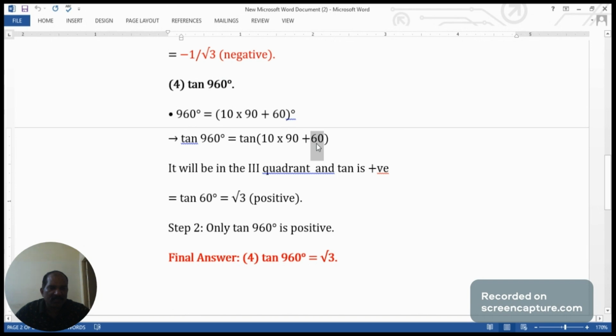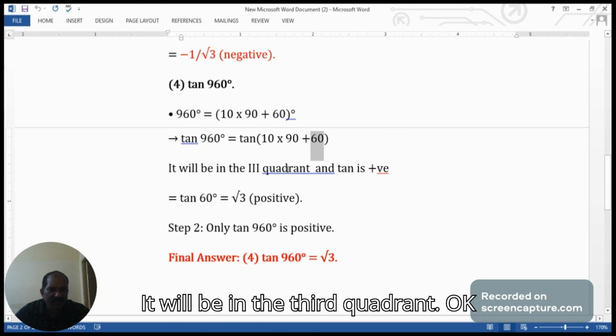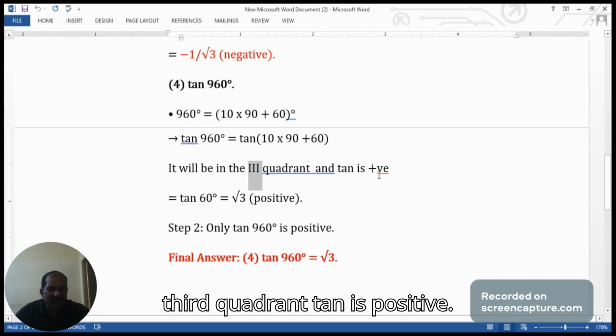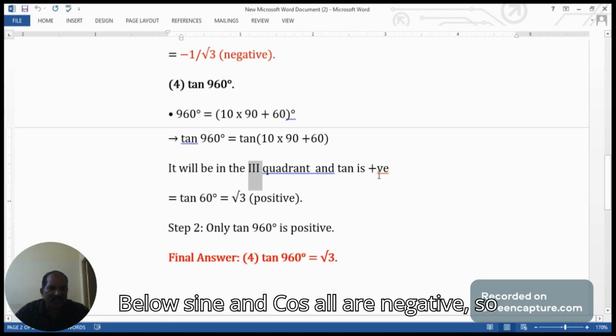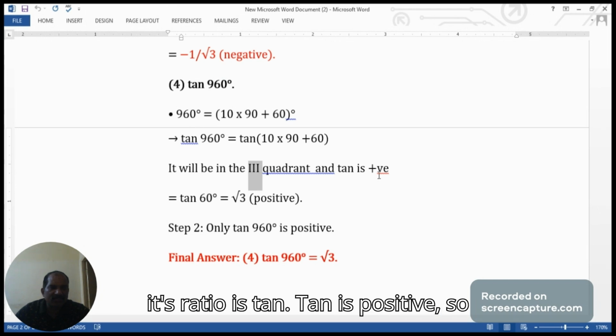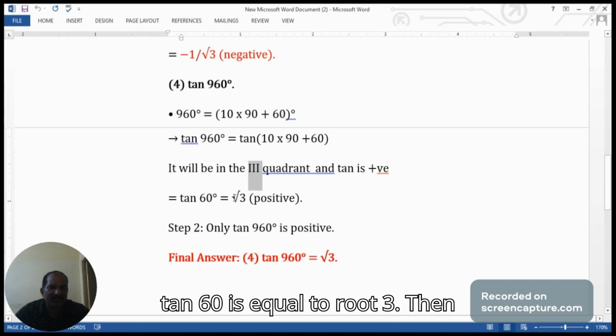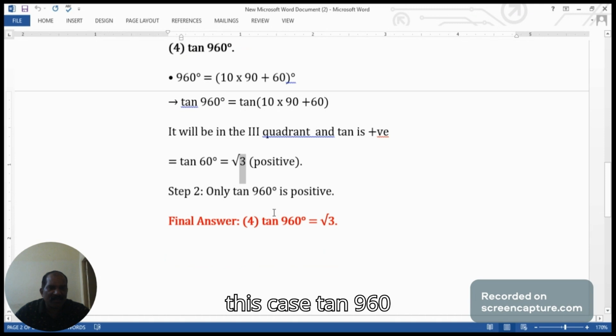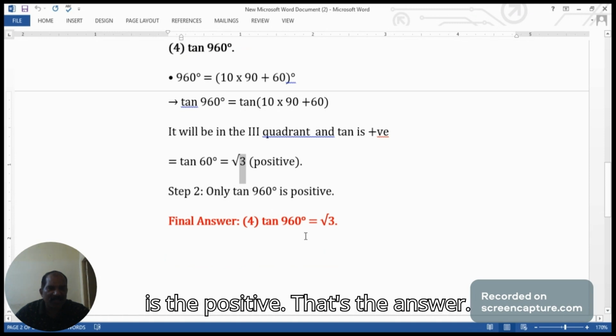So out of that, 8 minus 11 means it will be in the third quadrant. Okay, third quadrant, tan is positive, because sine and cos are both negative, so their ratio tan is positive. So tan 60 is equal to root 3. Then in this case tan 960 is positive. That's the answer.